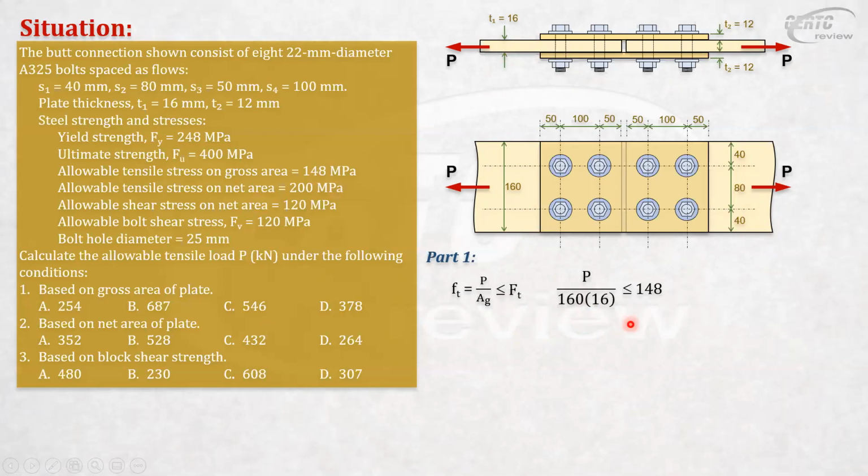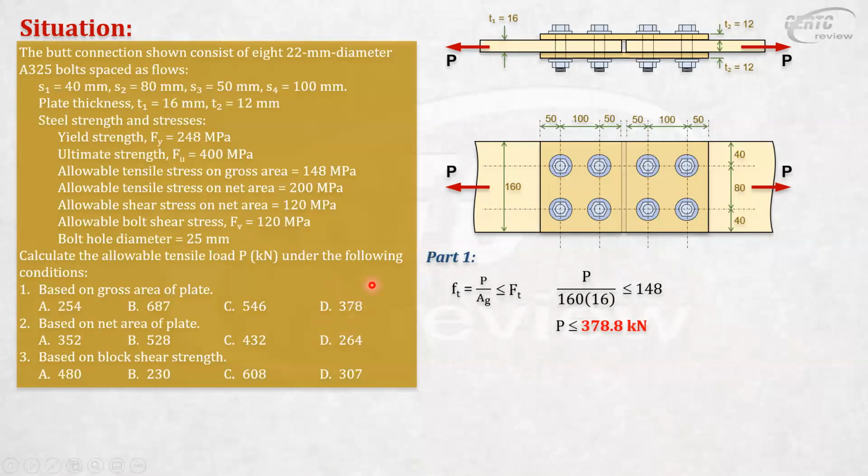With that, P must not exceed 378.8. What does this mean? P can have any value as long as it will not exceed 378.8. Technically, there are two choices that are qualified, 254 and 378, but among the two, 378 is the greatest.